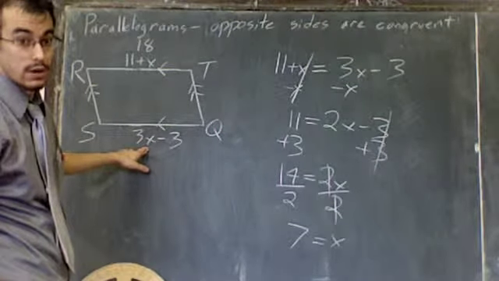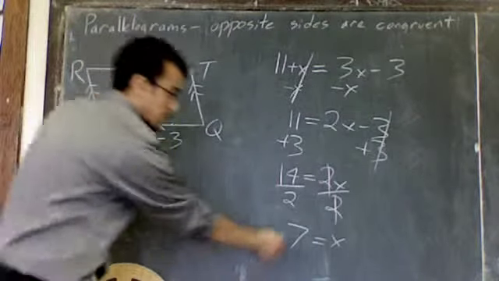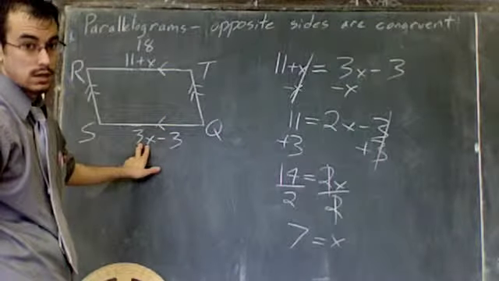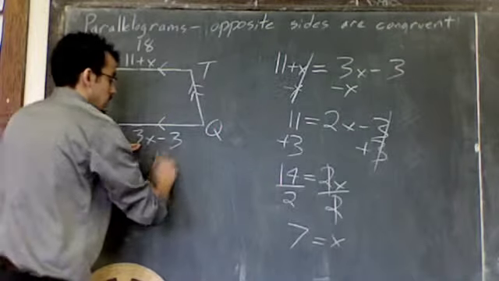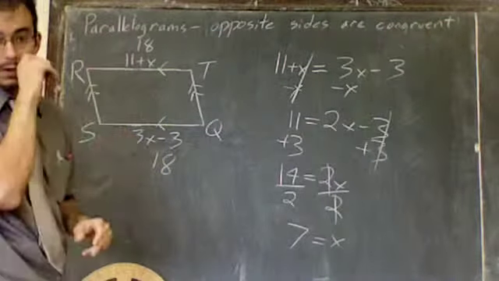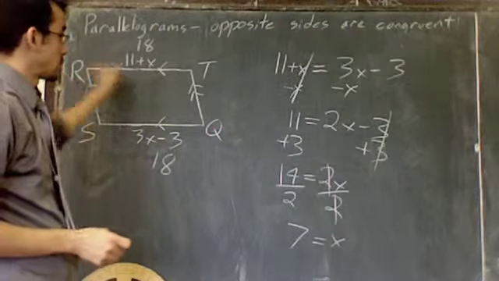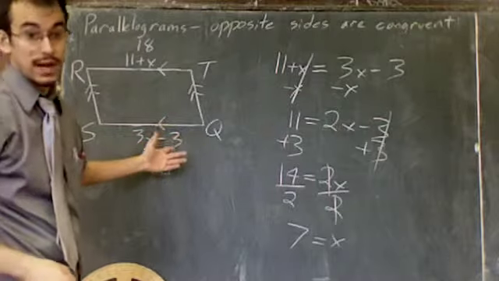Let's make sure that it is. 3 times x minus 3 is really 3 times 7 minus 3. 3 times 7 is 21. 21 minus 3 is indeed 18. So this side's 18 and this side's 18. If I asked you for the measure of RT, you'd tell me it's 18. If I asked you for the measure of SQ, you'd tell me that's 18.